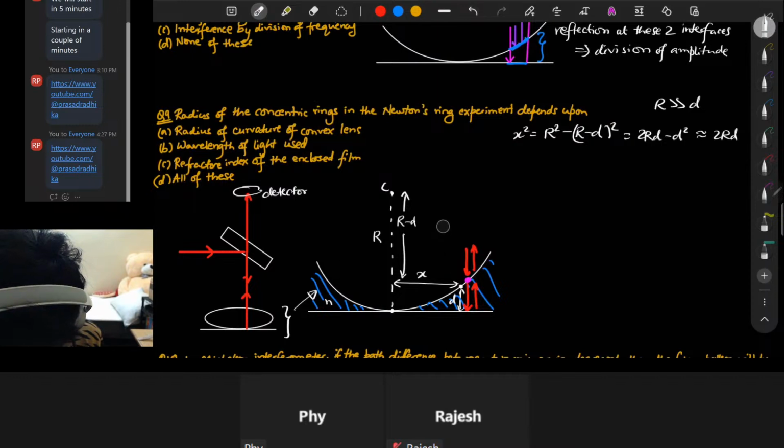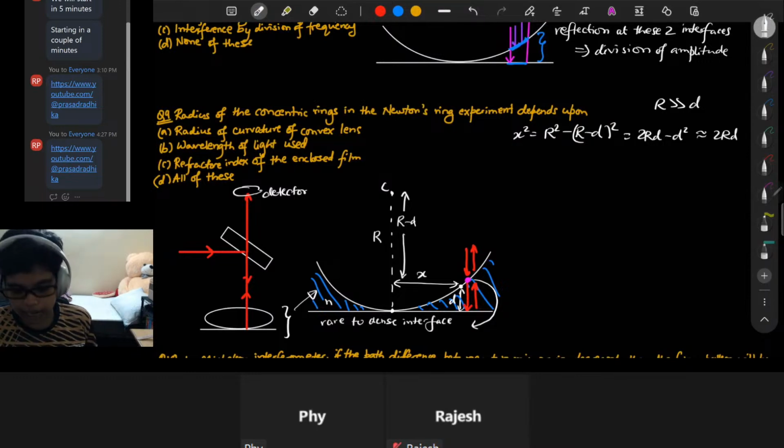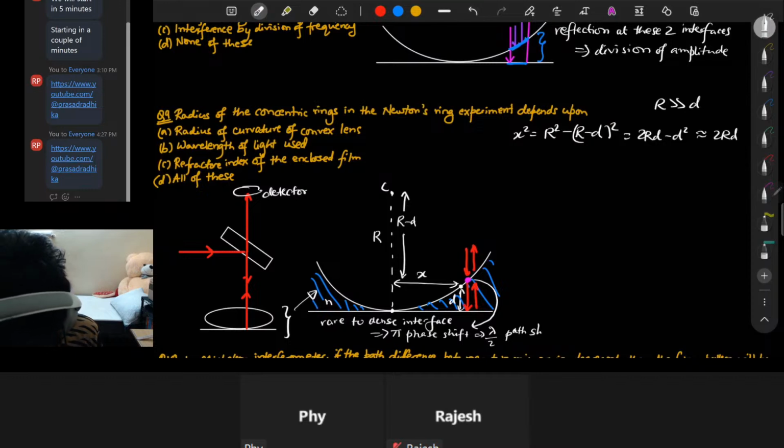Maybe let me write it down. I don't think I have much space, so let me bring it here. So this is the rare to dense interface, and because this reflection is happening at the rare to dense interface, this leads to a phase shift of pi, and pi phase shift means lambda by 2 path shift. This is happening due to the reflection which is occurring at the rare to dense interface.